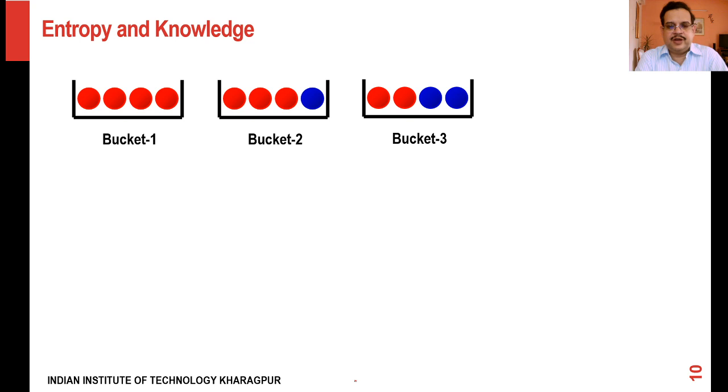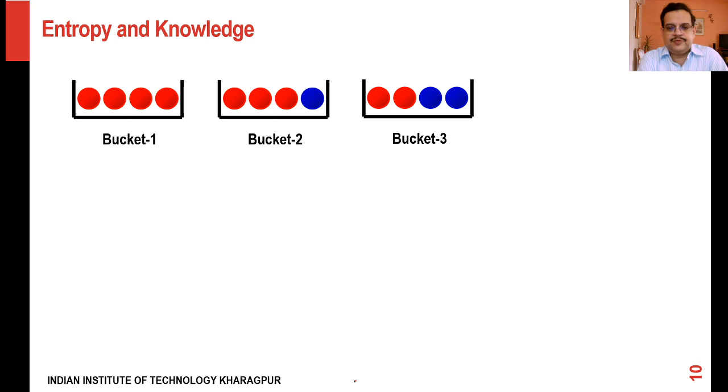Bucket 1 has all red balls, bucket 2 has 1 blue ball and the rest are red, and bucket 3 has 2 reds and 2 blues. Now the probability that a ball selected from bucket 1 is red is 1. So there is no ambiguity in terms of the color of the ball that I can draw from bucket 1.